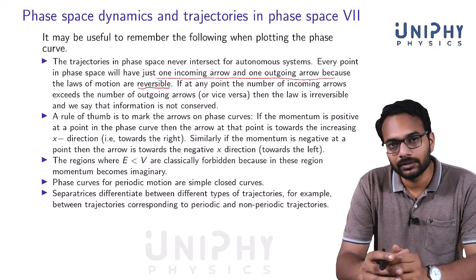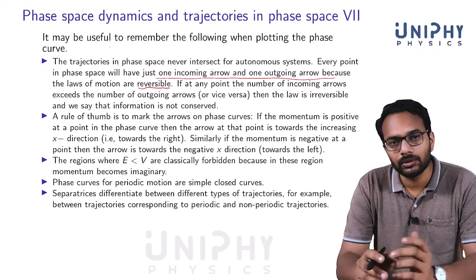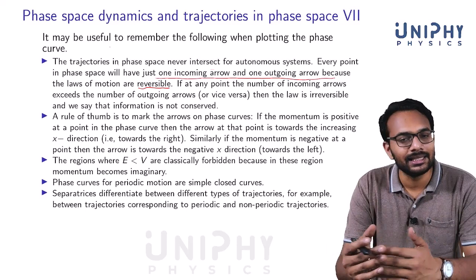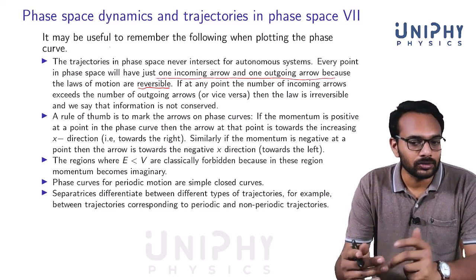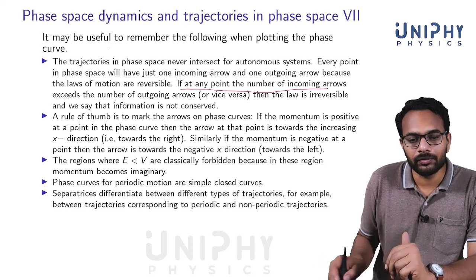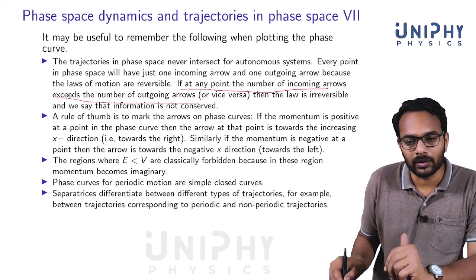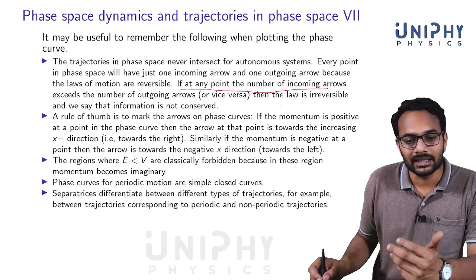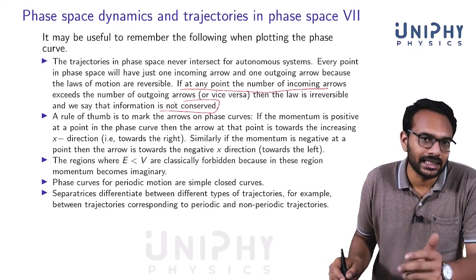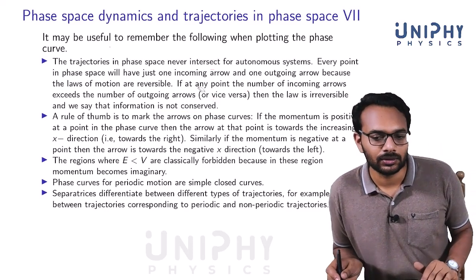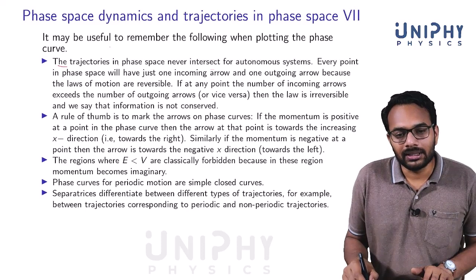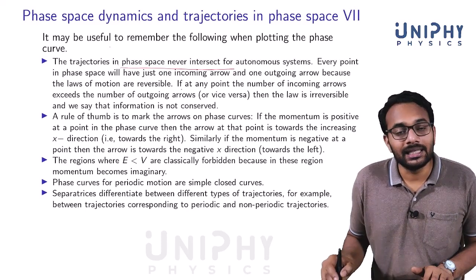So if you know the state, you know what the state was in the past, provided you know the conditions and the equations of motion. If at any point the number of incoming arrows exceeds the number of outgoing arrows, then the law is irreversible and information is not conserved. But information is actually conserved in physics. So the takeaway is that trajectories in phase space never intersect.